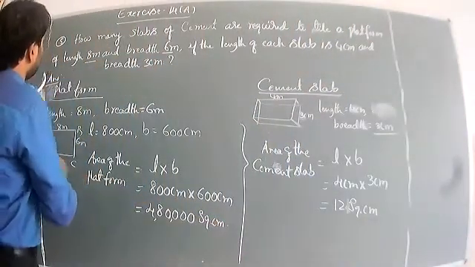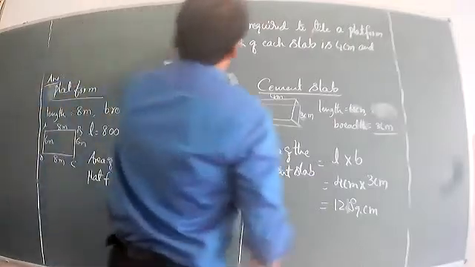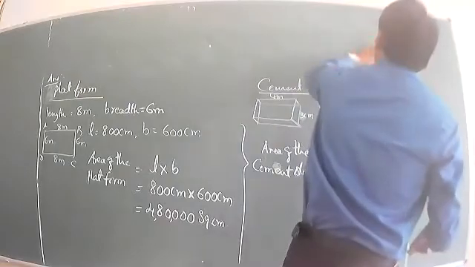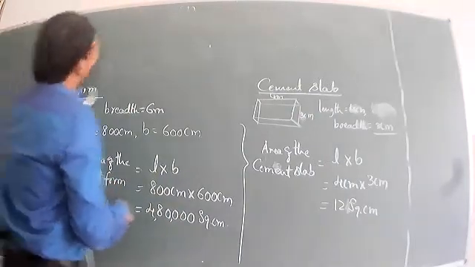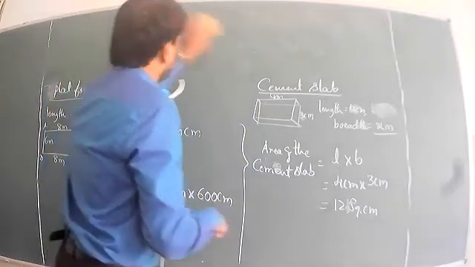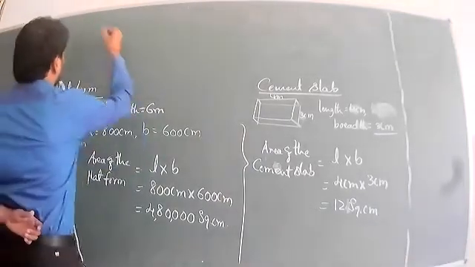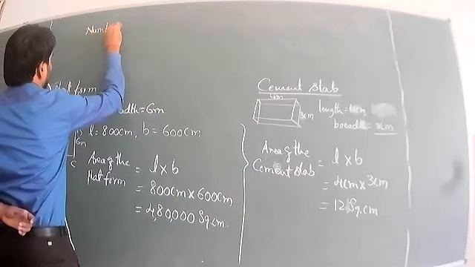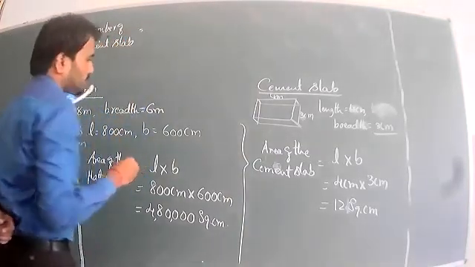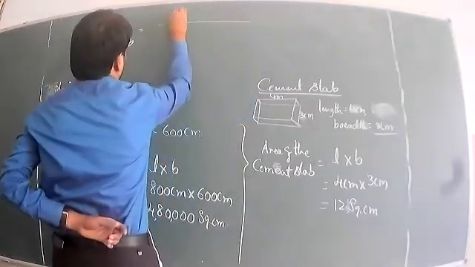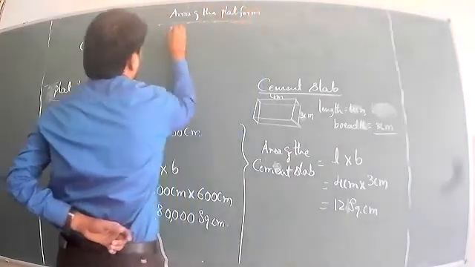You have to write this down. Continue. The formula is number of cement slabs equals area of the platform divided by area of the cement slab.